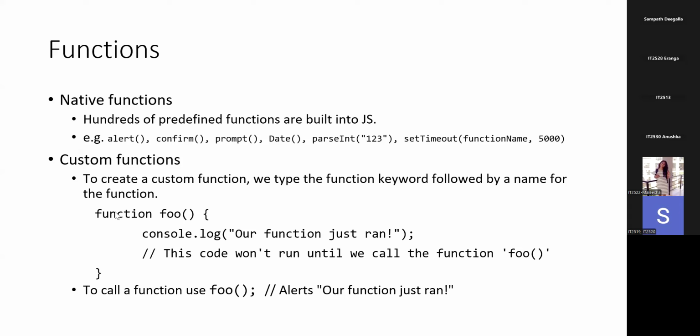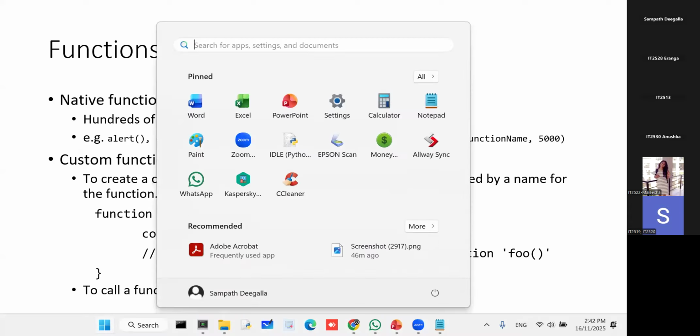This is what we call the function declaration. When you run it, it will create the function, nothing will happen. But when you want to use it, you can call it, right? So that's what happens. Okay, now let me see the code in run.